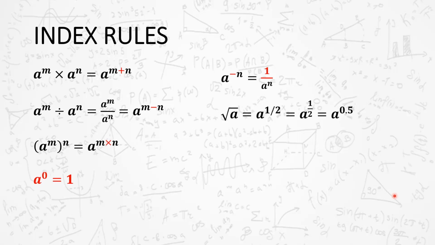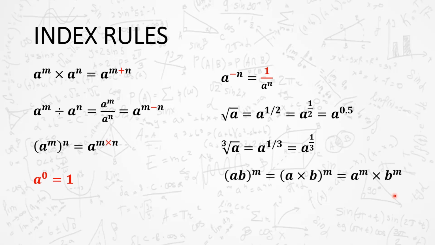Square root of a is the same as a to the power half or a to the power 0.5. Cube root of a equals a to the power a third. Also we have (ab) to the power m equals a to the power m times b to the power m. Similarly for division, (a over b) to the power m equals a to the power m over b to the power m.